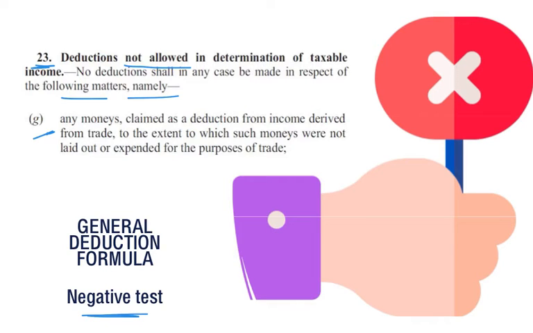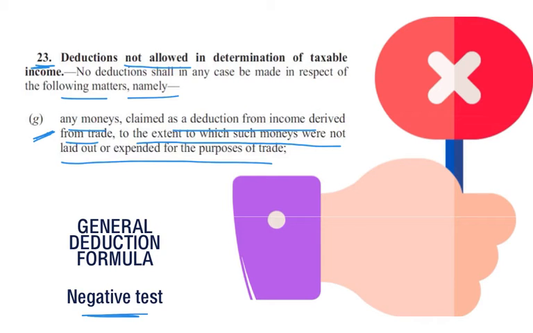But the one that links to section 11A and forms part of our general deduction formula, the so-called negative test, is section 23G that says any monies claimed as a deduction from income derived from trade to the extent to which such monies were not laid out or expended for the purposes of trade. Now, I want you to read that a few times. It seems a bit complicated, right? But it's actually not.